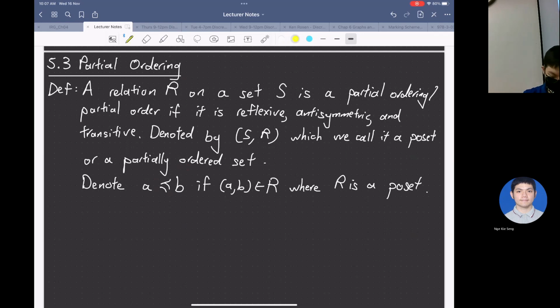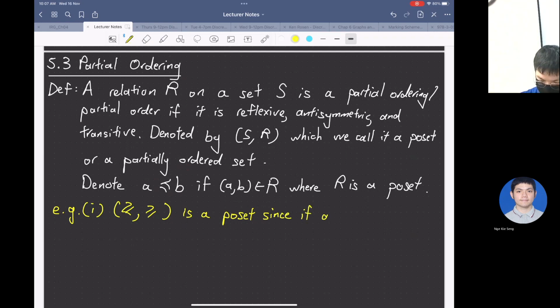For example, what are posets? You have the integers with greater than or equal to. It's a poset. It's anti-symmetric, right? Because if a ≥ b and b ≥ a, then a is equal to b. Right? It's a poset.